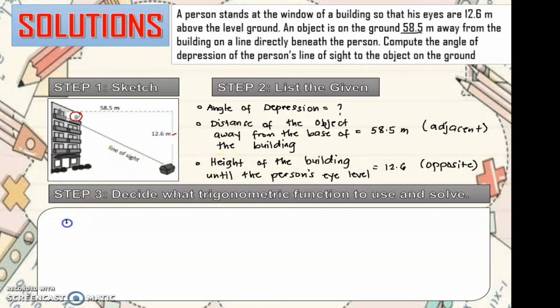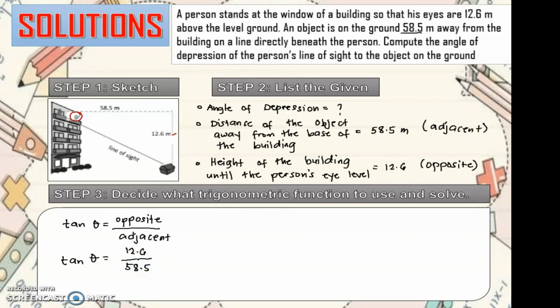So we're going to have tangent theta equals opposite over adjacent. So tangent theta, because we'll write theta there because that's the angle we are looking for. The opposite here is 12.6 and the adjacent is 58.5.